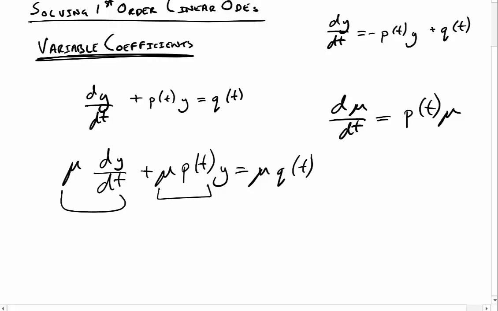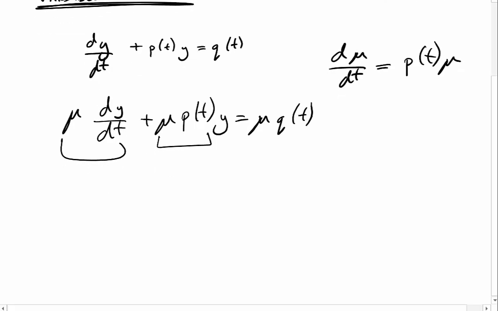I can rewrite this, just a very quick reason. I'll do a more thorough reason later on in another video. If I rewrite this as d mu y by dt, then I can break that up, by the chain rule, this is the derivative of mu y with respect to t.